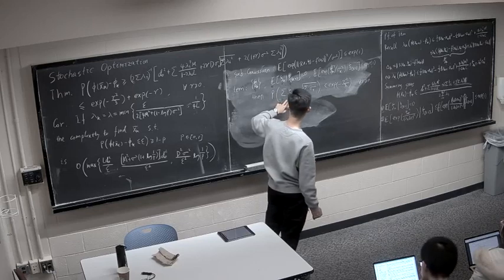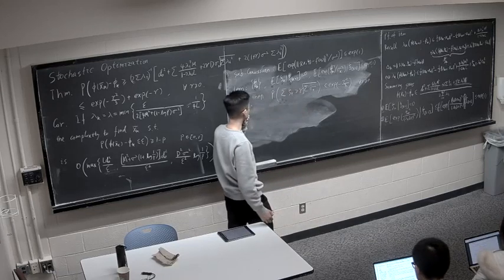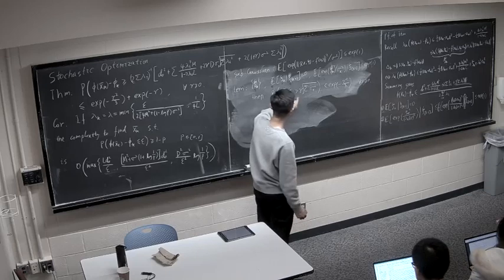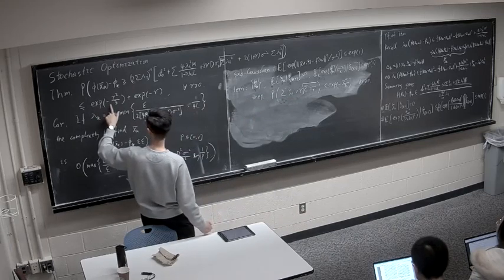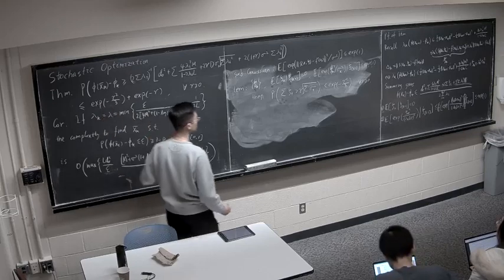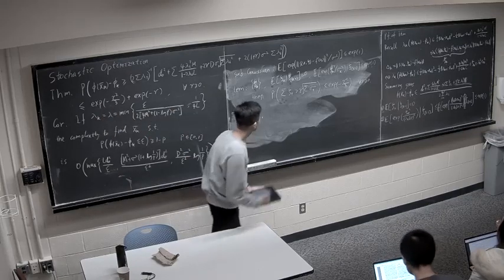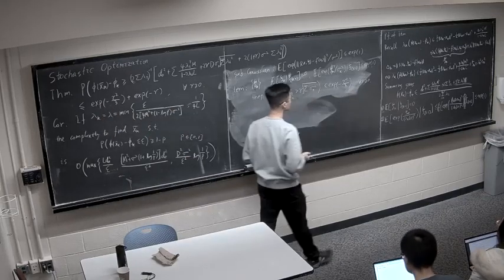This was basically proved by using Chernoff bound. And this part explains the source of this term, exponential to the minus gamma square over 3. And this holds for any gamma greater than or equal to 0.